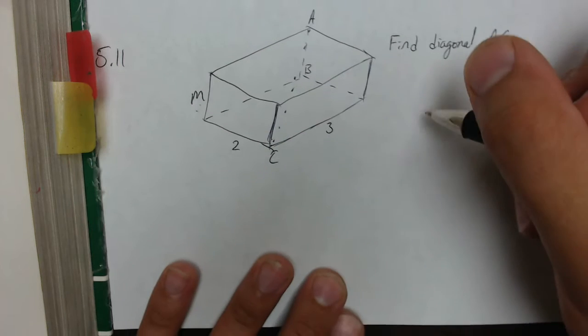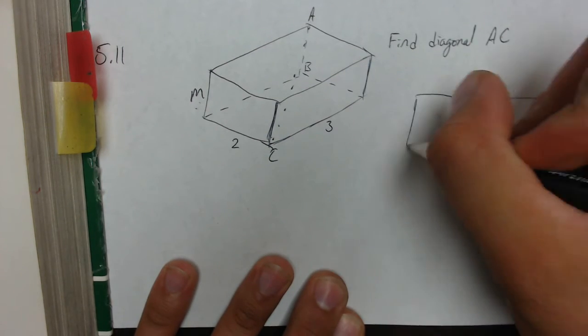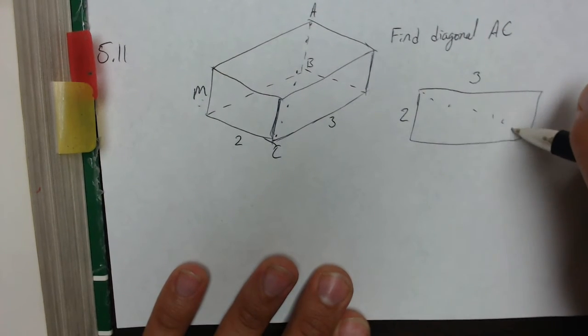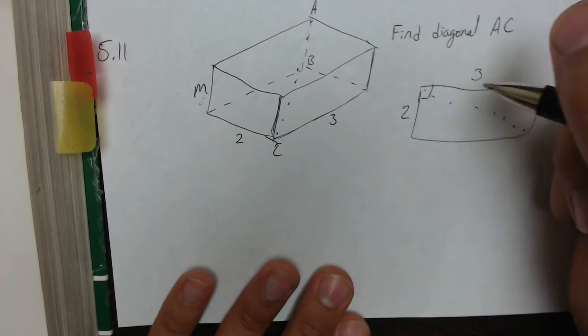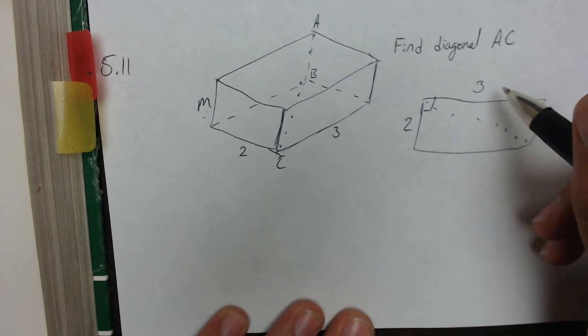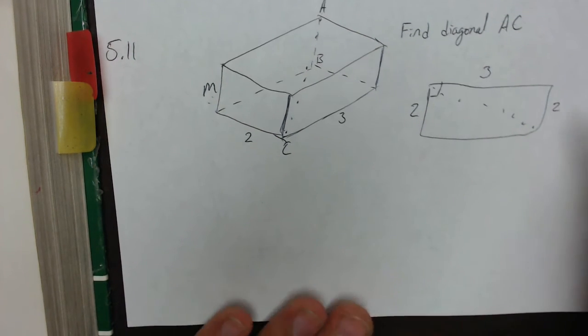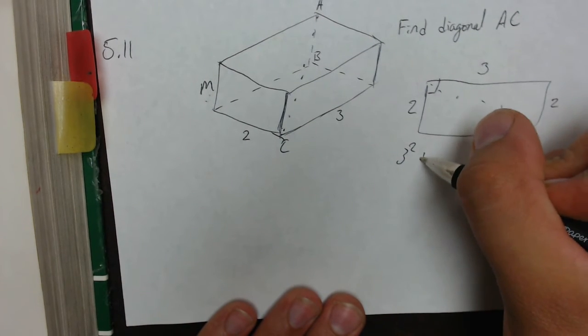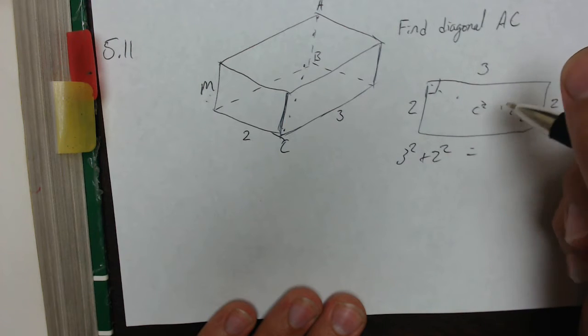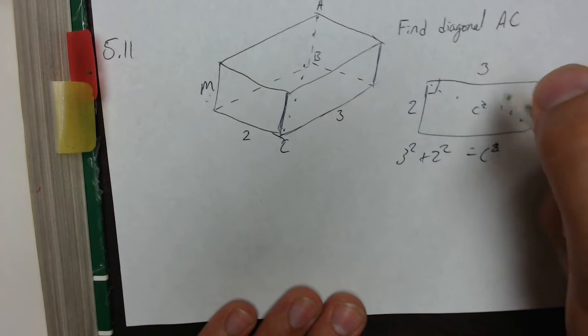So if we look at the base, like this is the base here, one side is 2, one side is 3, we need to find the length of this diagonal. We'll just use Pythagorean theorem. So if we have a height of 3 and a base of 2, then we would do 3 squared plus 2 squared equals this length squared. We'll call it C squared.